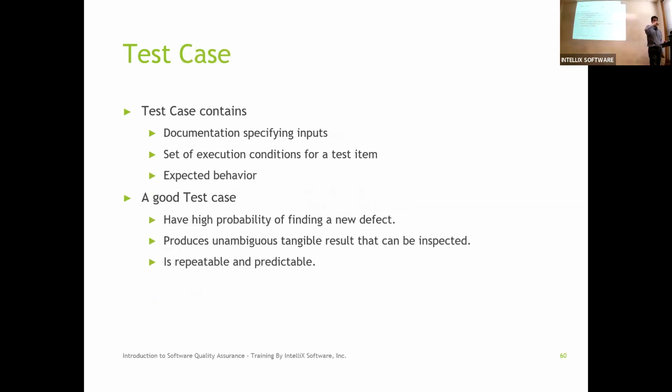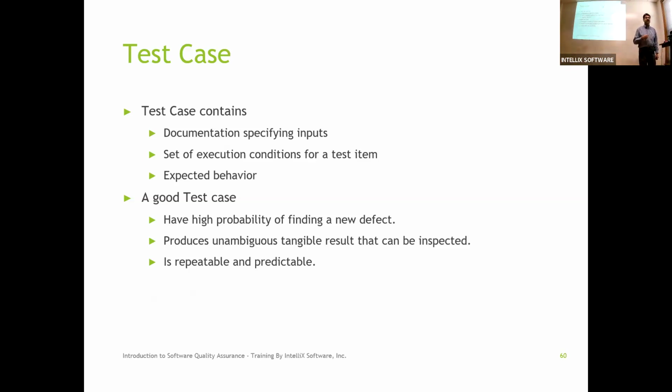Now let's talk about the characteristics of a test case. What does it contain? It contains what input you're going to provide. What will be the conditions? So what is the state of the product or software when you're trying to do this test? And then what are the expected behaviors? So let's say you're trying to log into the system.